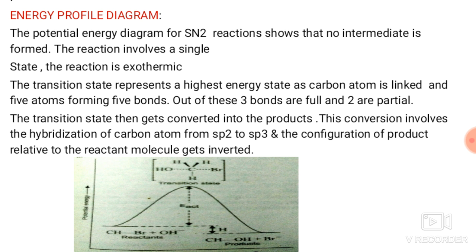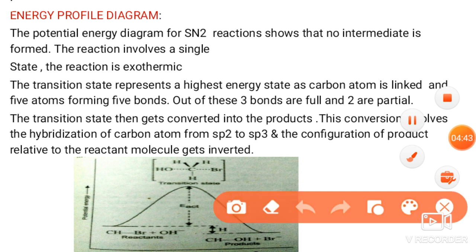Energy profile diagram. The potential energy diagram for SN2 reaction shows that no intermediate state is formed. The reaction involves a single transition state. The reaction is exothermic. The transition state represents the highest activation energy.